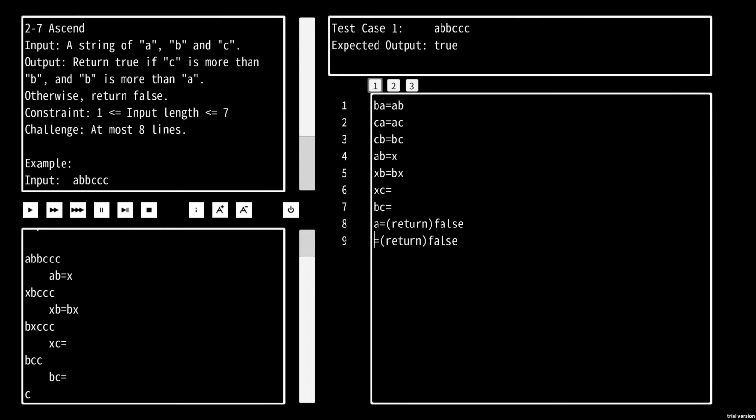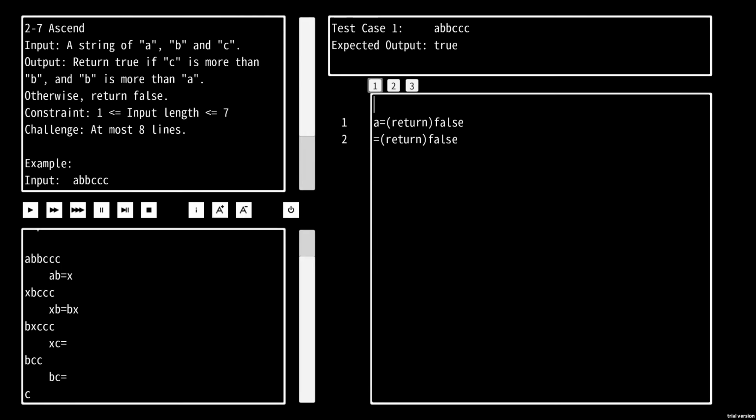New idea. A equals, I don't know, some other letter, X. Oh wait, why would I do that? AB equals X, right? BA equals X. XB equals BX. Doesn't really matter.